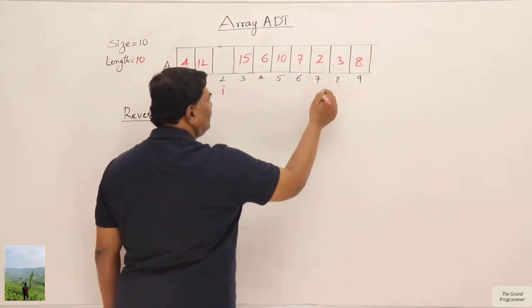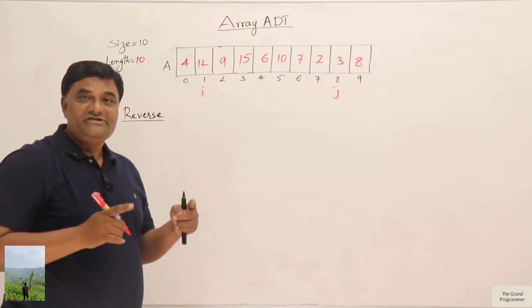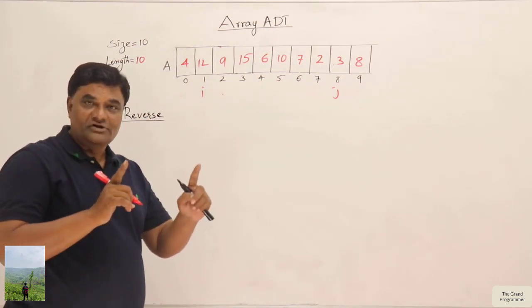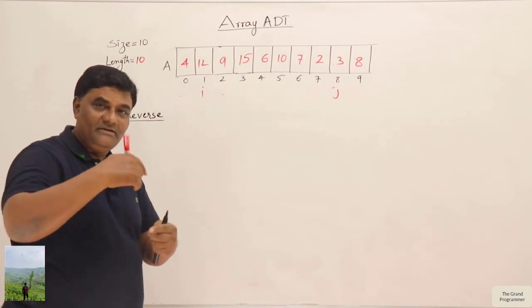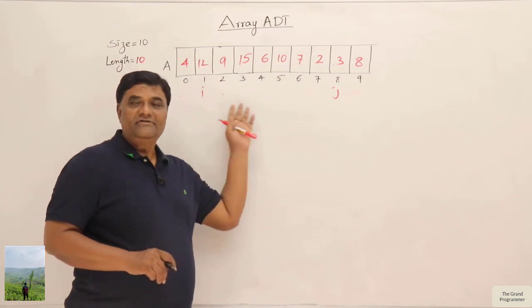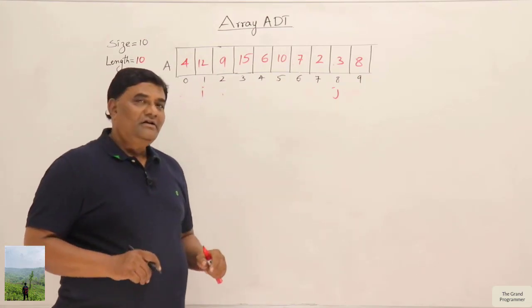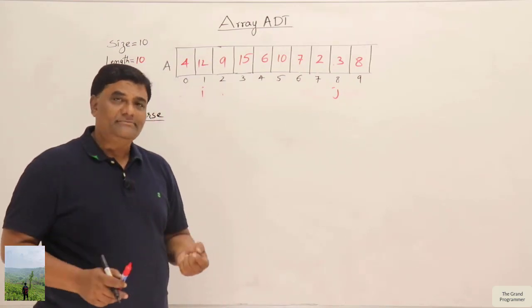So in this way, if we continue, we can interchange the rest of the elements. So when should we stop? When I and j have come to the same place, or I became greater than j, we should stop. So in this way, we can reverse the entire array. So how much time is it taking? We have to scan through all the elements. How many times? Just one time.